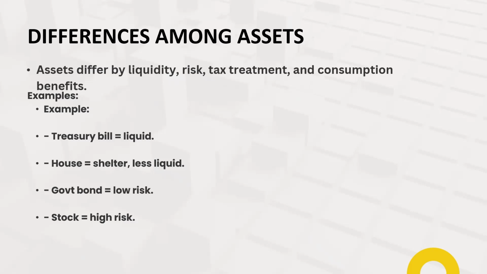If we want to sell a house, then we have to take some time to sell it. Then government bonds have low risk, and are also considered a highly liquid asset. And finally, we see stock, which is a high risk asset, and also provides high return. And for tax treatment, some assets may be taxable and others may be tax free.